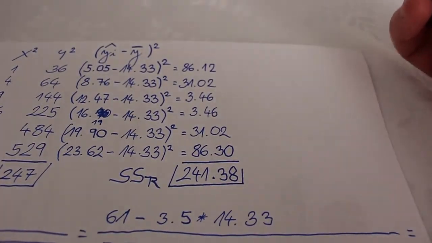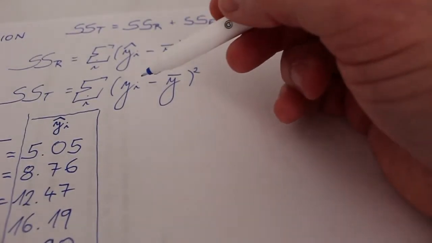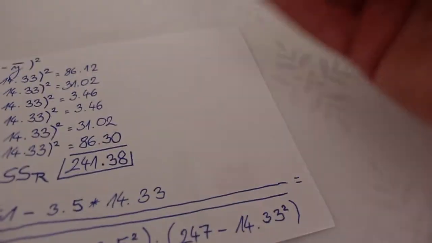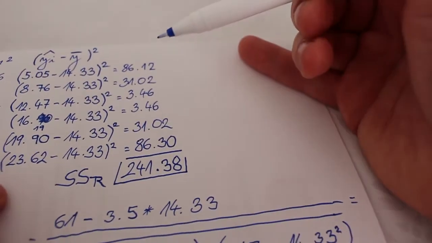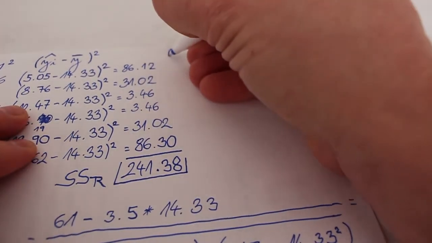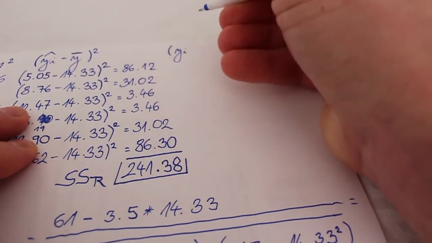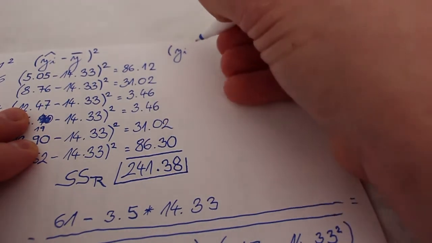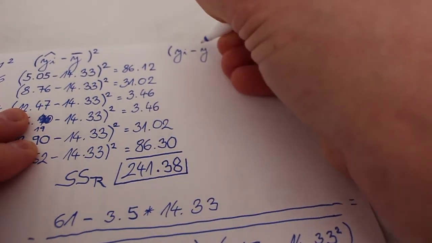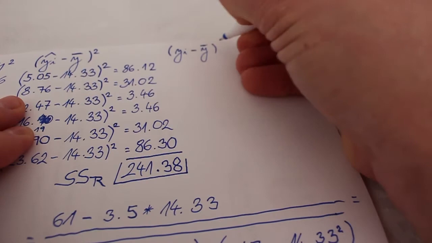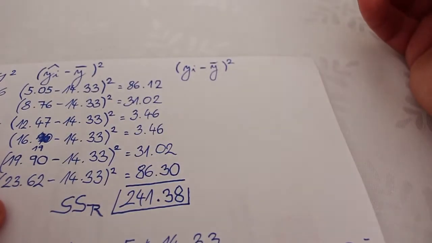And for the calculation of the total sum of squares, you need to calculate here the differences: empirical values minus y mean, and this must be in squares.